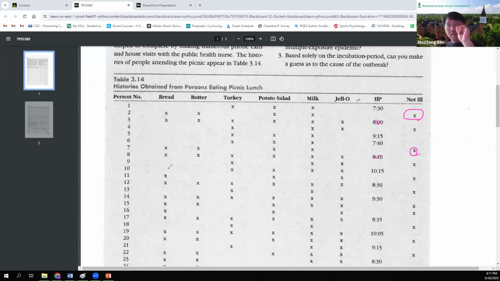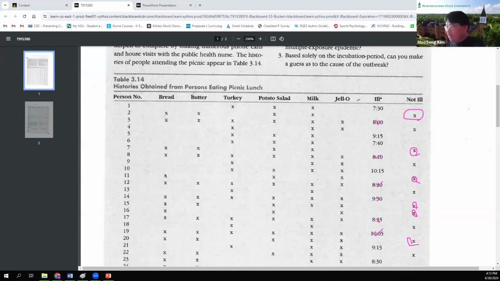We only count the people who ate this item. 11, not sick. 12, sick. 14, sick. 15, 16, 17 not sick. 19, sick. 20, sick.